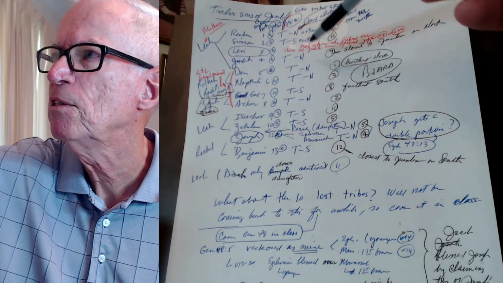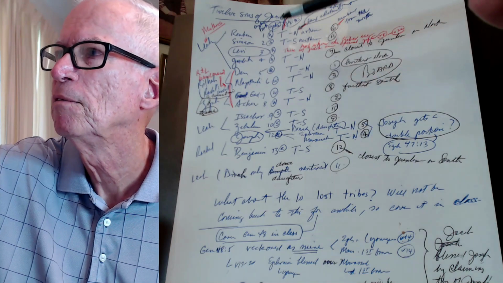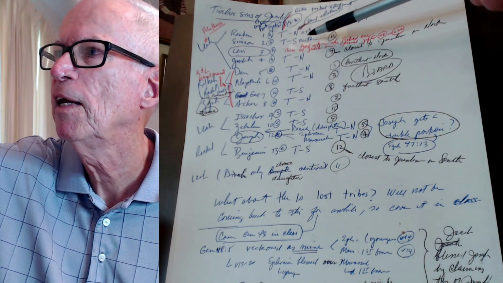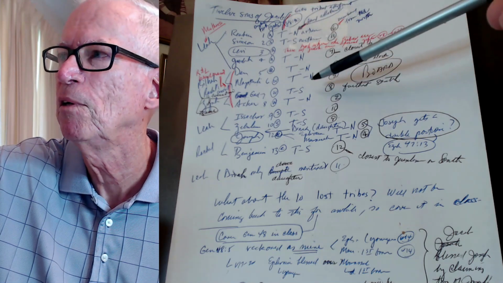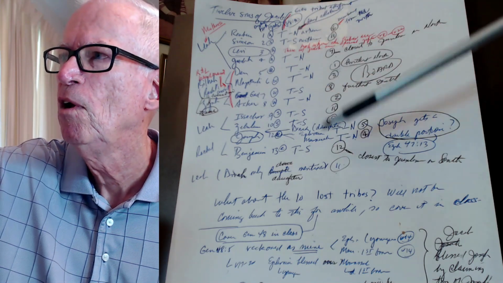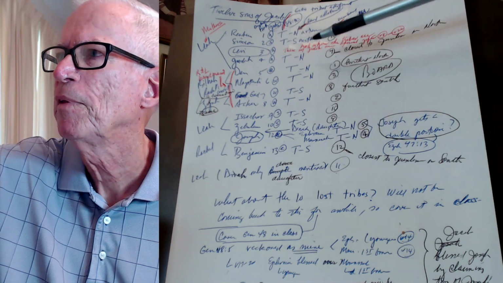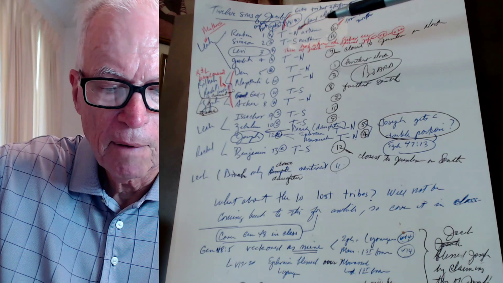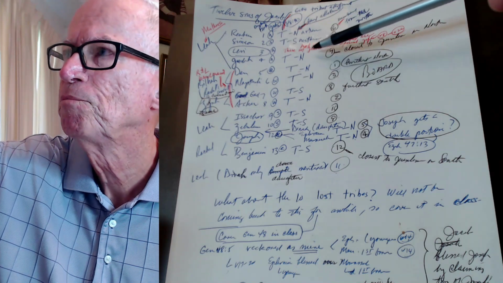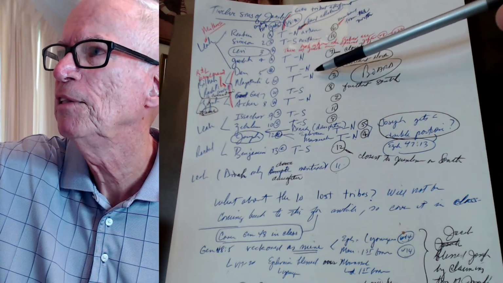These N's and S's indicate whether they were in the northern part of Israel, in the allocation of the north, or down to the south. I haven't been mentioning this, but the ones that I'm going through now are the northern allocations.